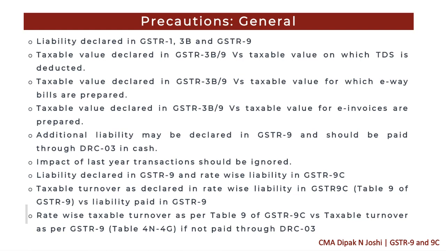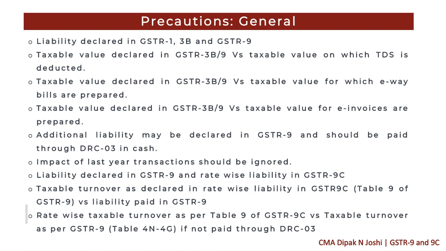Otherwise, again, you will get a notice in ASMT 10 because the department is directly cross verifying liability which is declared in GSTR 9 with the liability declared in GSTR 9C. Then taxable turnover as declared in GSTR 9C versus liability paid in GSTR 9. So whatever is the taxable turnover and rate-wise liability, that must be matched with each other.